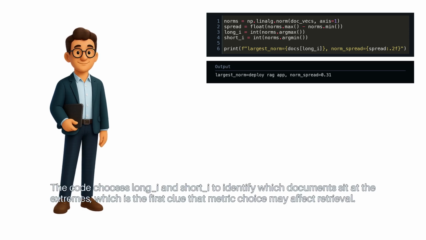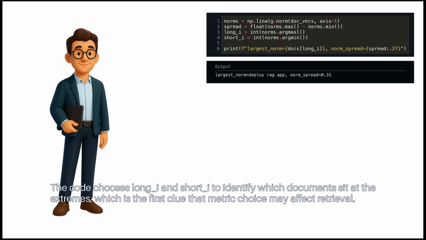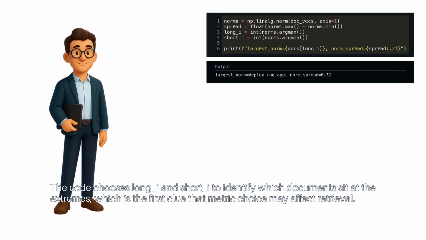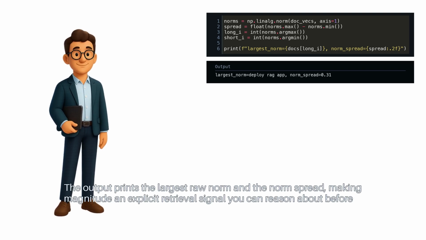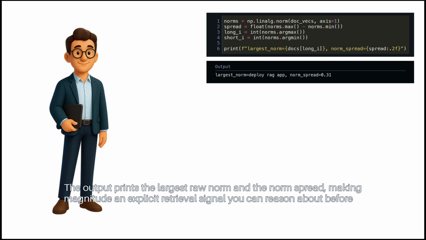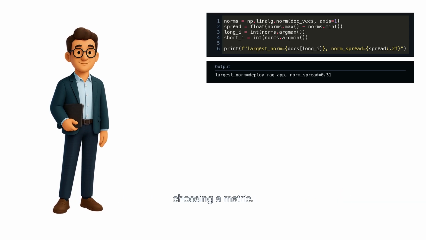The code chooses long_i and short_i to identify which documents sit at the extremes, which is the first clue that metric choice may affect retrieval. The output prints the largest raw norm and the norm spread, making magnitude an explicit retrieval signal you can reason about before choosing a metric.